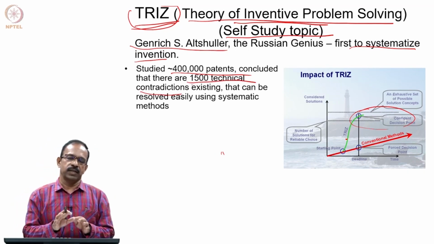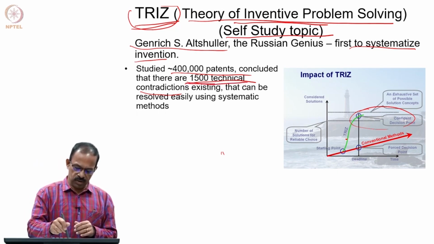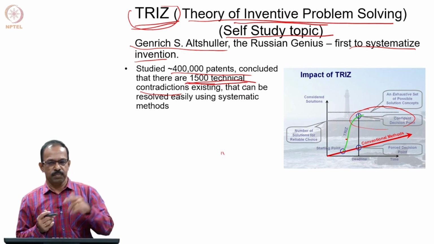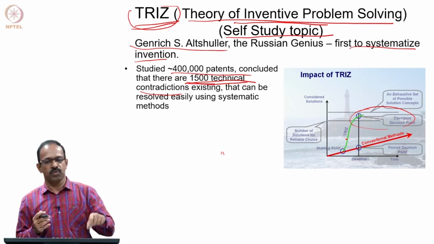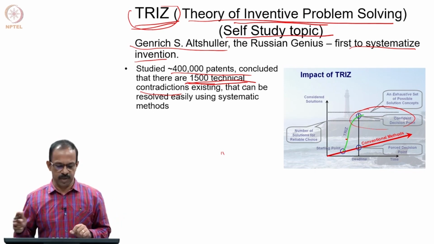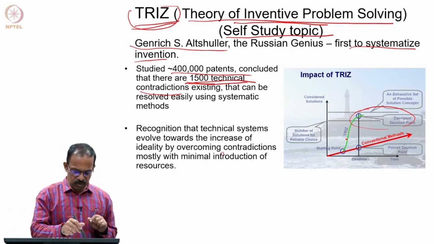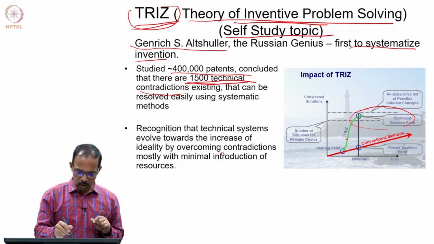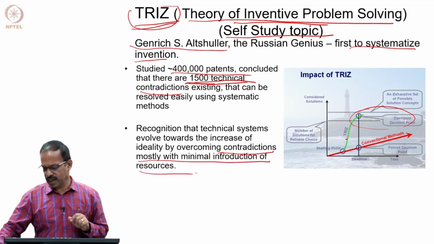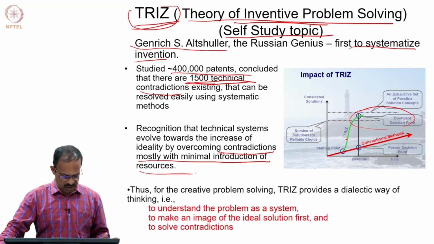Total contradictions can be 1500, but when you look at what kinds of parameters are involved, there are only 39 parameters involved. And the recognition he had was that technical systems evolve towards the increase of ideality by overcoming contradictions, mostly with minimal introduction of resources. So very minimal resources can be used to overcome the contradictions.